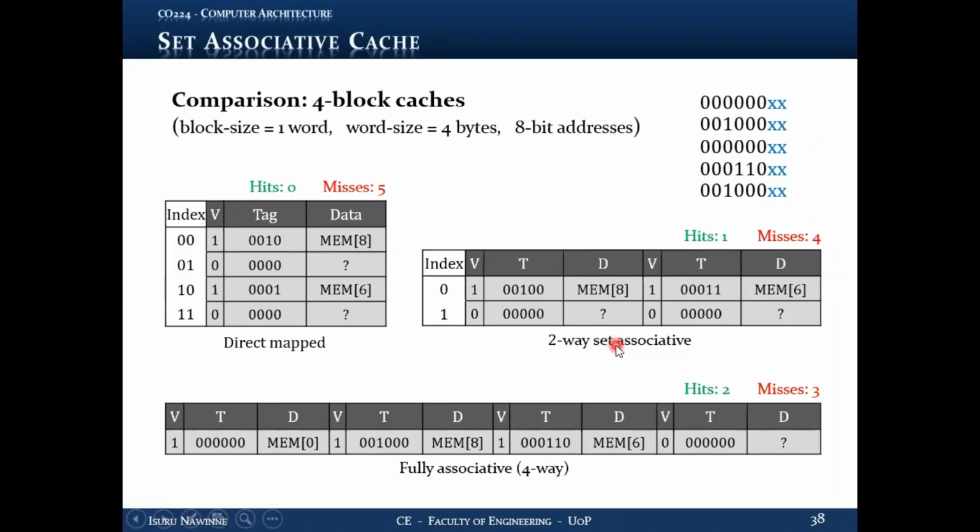and 2-way set associative, 4th miss, and that particular block was replaced with the new block mem8, block address 8. And direct mapped, the 5th miss, and the data at that entry is now replaced with data from block address 8, right?